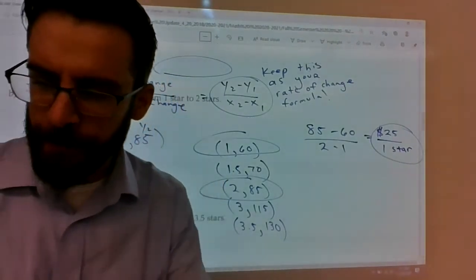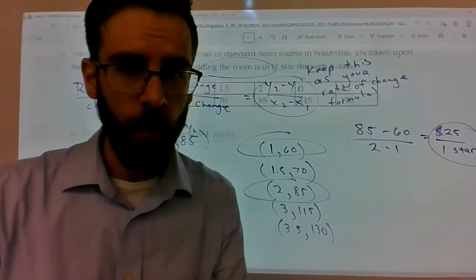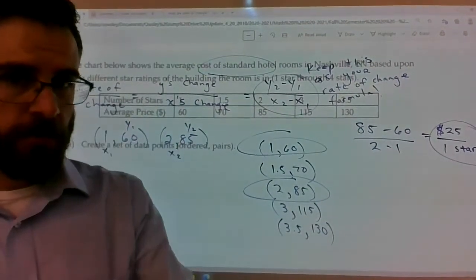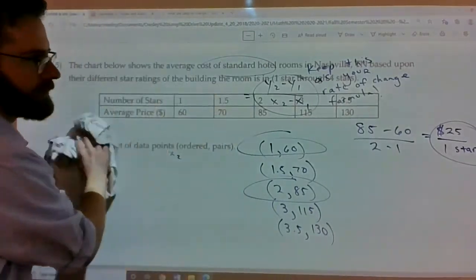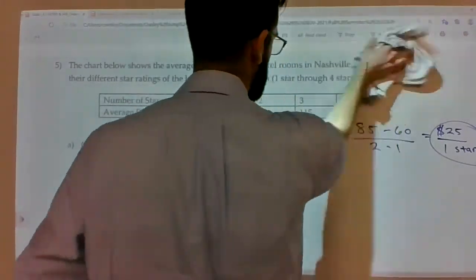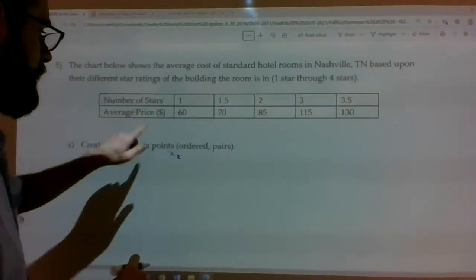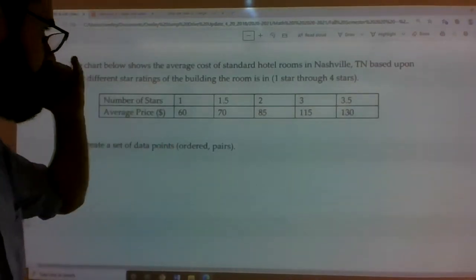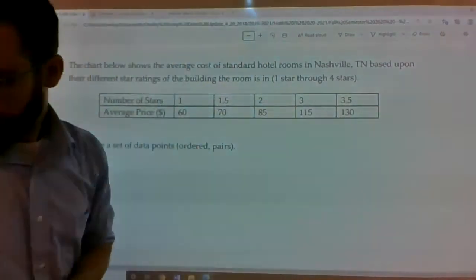What if we did letter C, where it changed from the very beginning, 1 star. Sorry, you guys can't see this. What a mess. Okay, sorry. What about part C? 1 star to 3.5 stars.